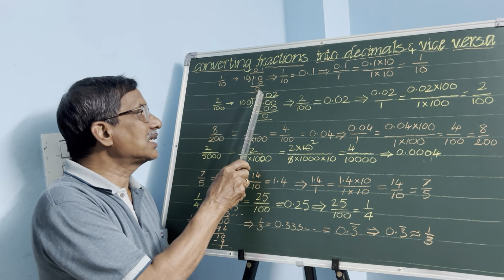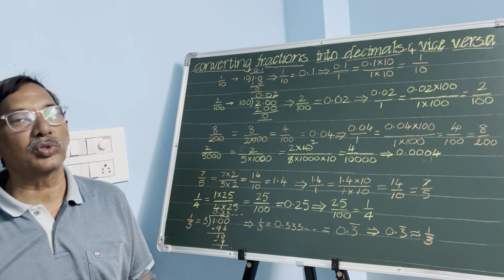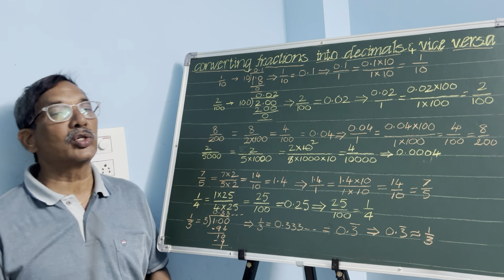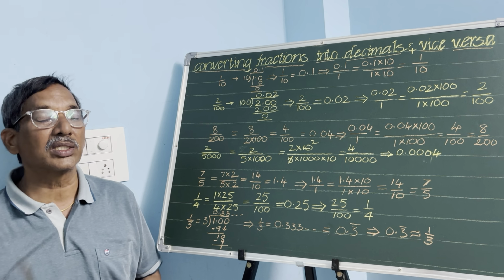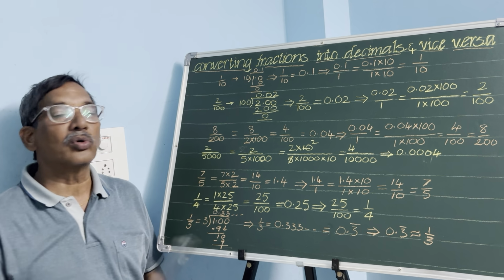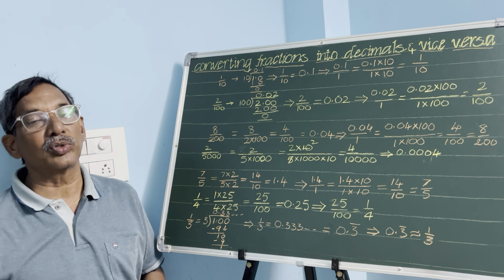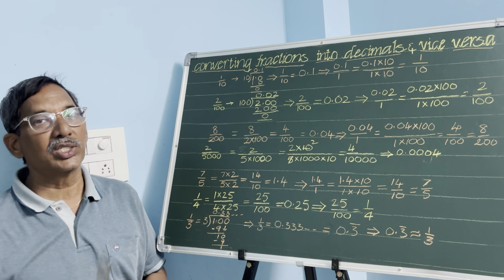So we write 0.02. When you divide 2 by 100, you will get 0.02 as the quotient. So 2 over 100 is equal to 0.02. The decimal form of 2 by 100 is 0.02.